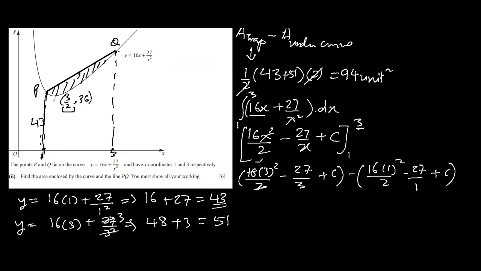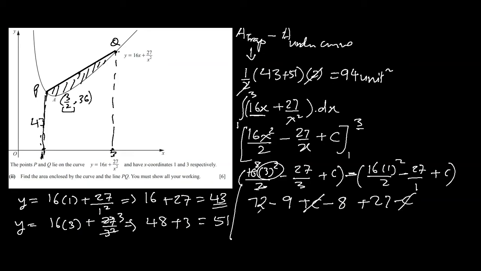So 2 and 16 can cancel. 8 and 3 square is 9. 8 times 9 is 72. Minus 27 divided by 3 is 9 plus c minus 16 divided by 2 is 8. Okay, and next one will become plus. This minus and this minus, 27 minus c.